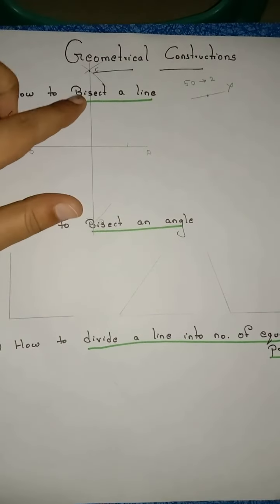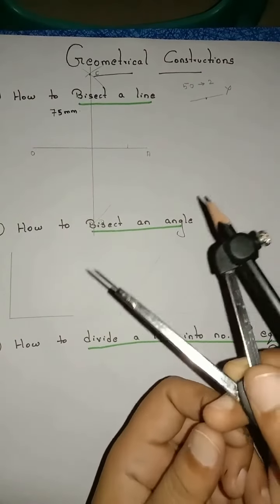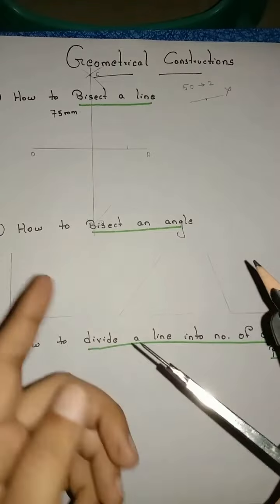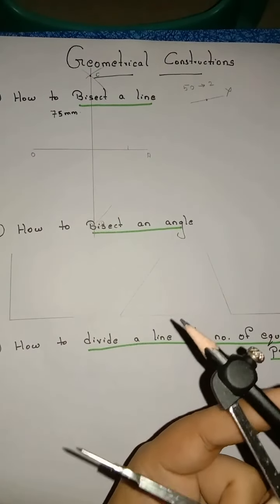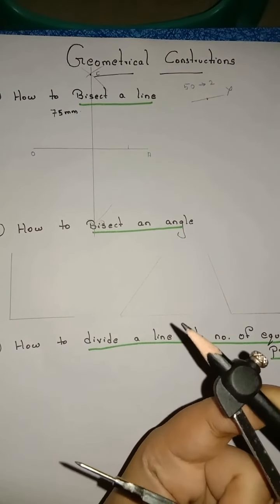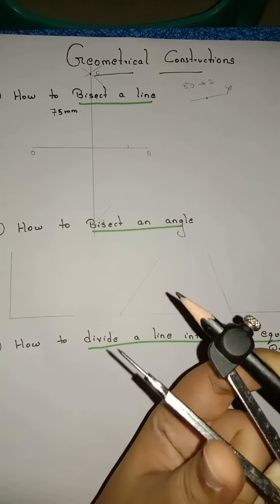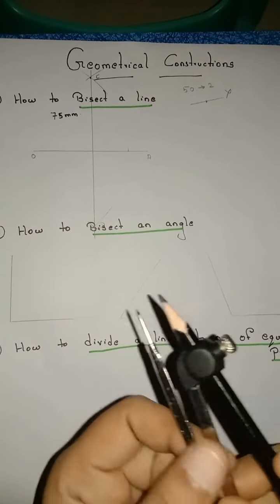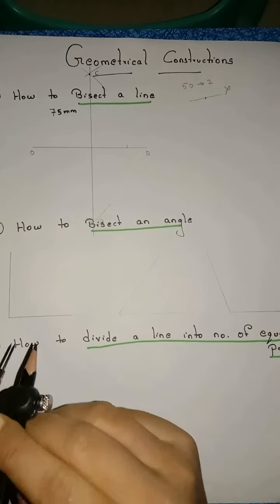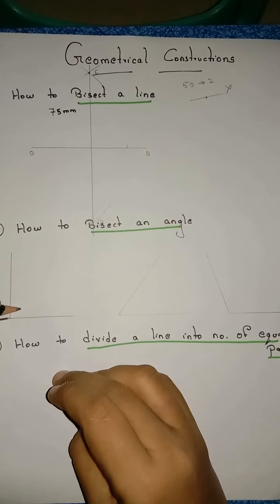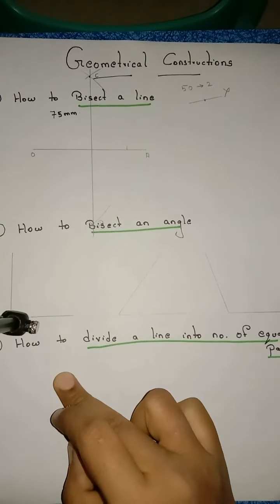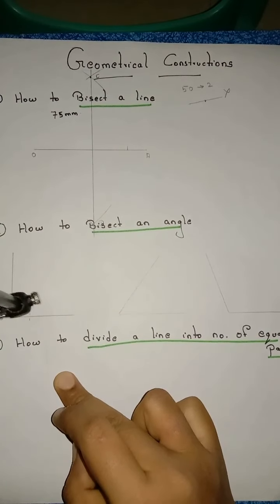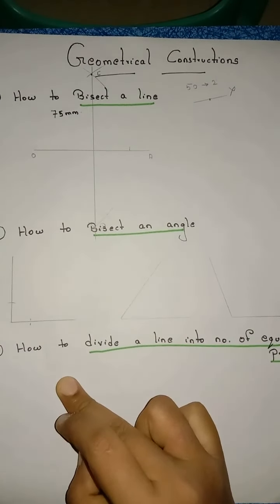For bisecting a line we take more than half with the compass. In order to bisect an angle we have to take less than half, a very small radius. Keep your compass at the vertex and draw an arc on the horizontal line and an arc on the vertical line.